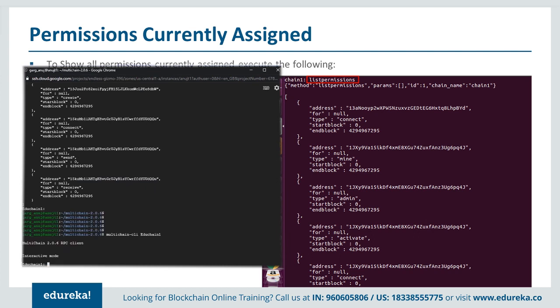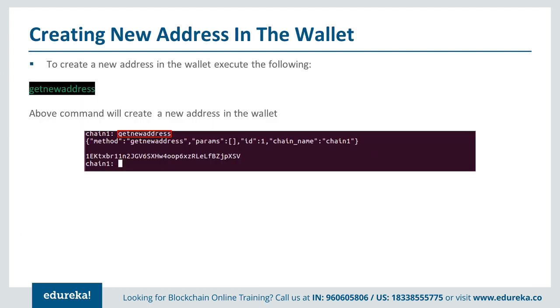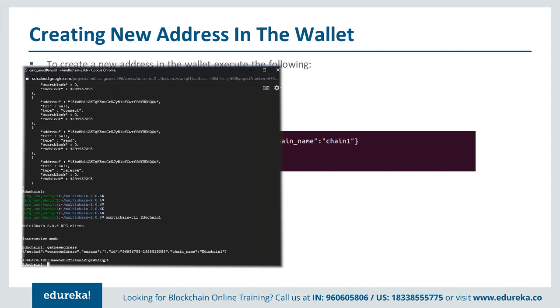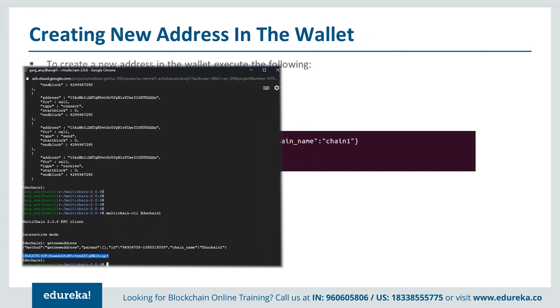Going back to the interactive mode, get new address will give you another public address. So you can have a multi-signature wallet, where you have multiple public addresses. You can basically say get new address, and it will give you the new address. This can be used along with the old address interchangeably.